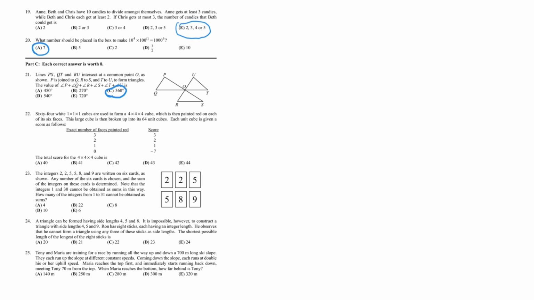Each unit cube is given a score as follows: exactly the number of faces painted red. 3 red faces give 3 score, 2 red faces, 2 score, 1 red face, 1 score, 0 red faces, -7 score. The total score for the 4x4x4 cube is?